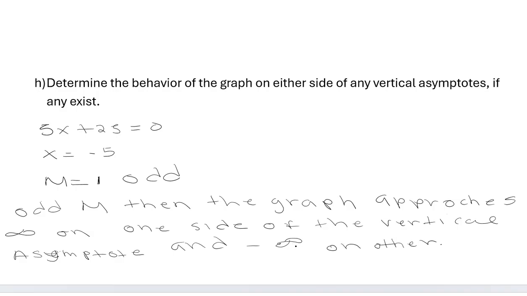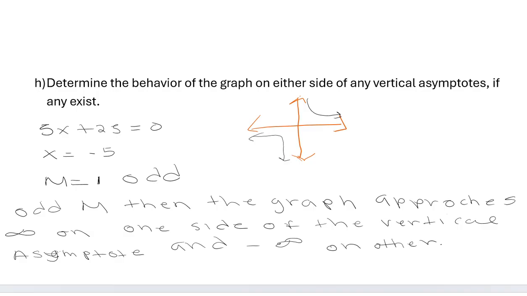We'll see this in a later part when we are graphing it. But the idea is that when you have odd multiplicity, the graph will have a general look like this, something like these.